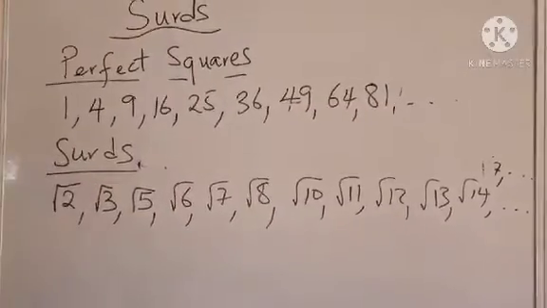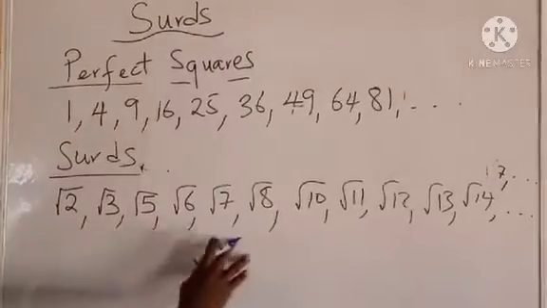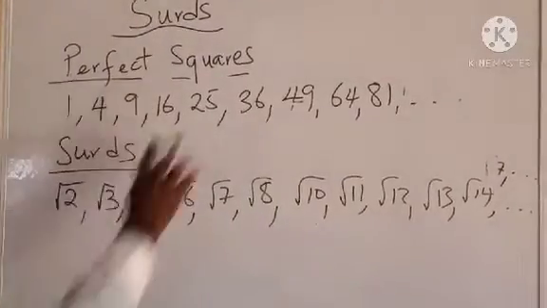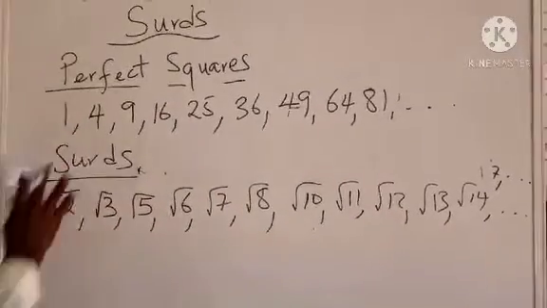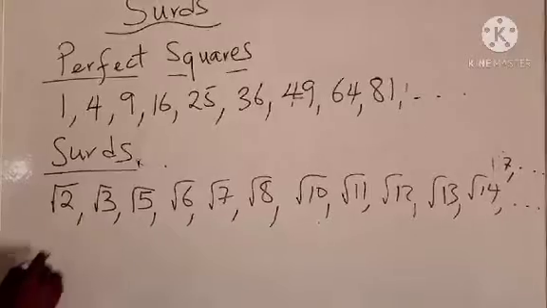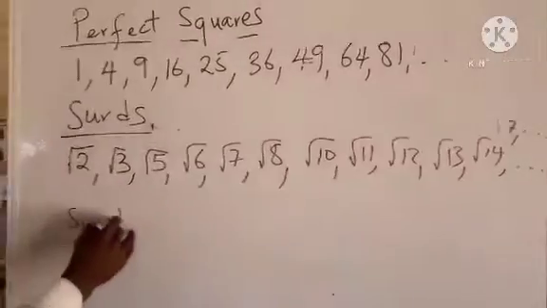So when we talk about surds, we're talking about square roots of numbers, but not those of perfect squares. Having known what perfect squares and surds are, we now move to simplification of surds.